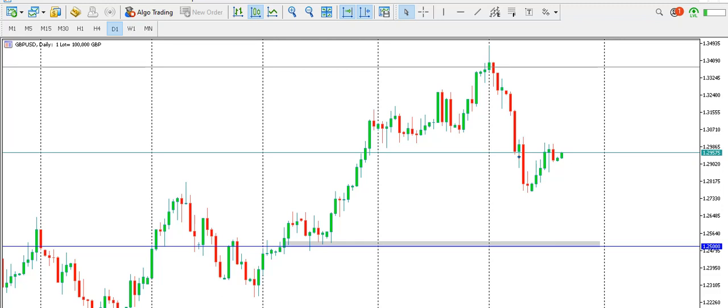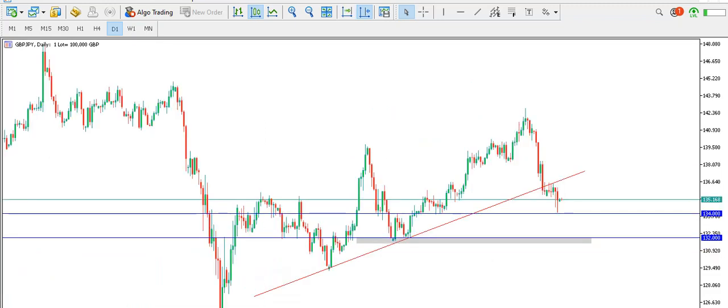So for pound USD, I will be looking for short buys, and I will be targeting 135 zone. And for pound JPY, I will be targeting 142 zone. So those are going to be my zones of target.